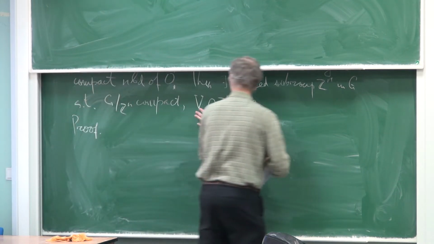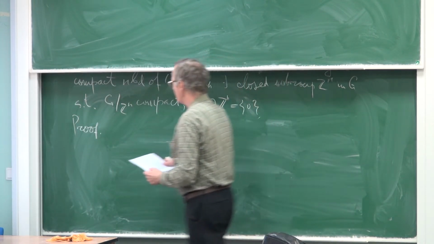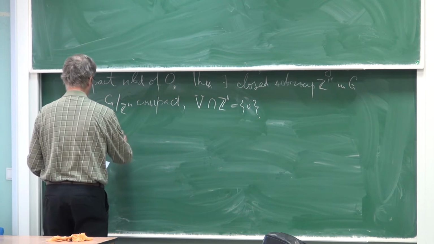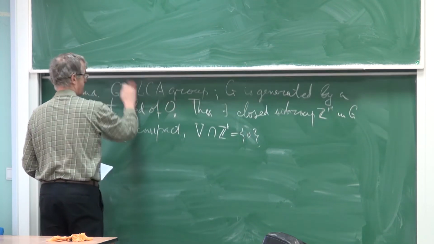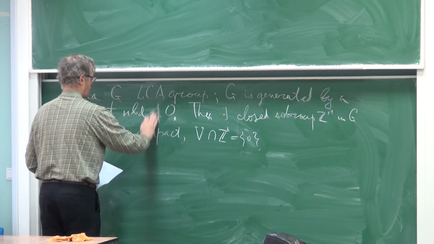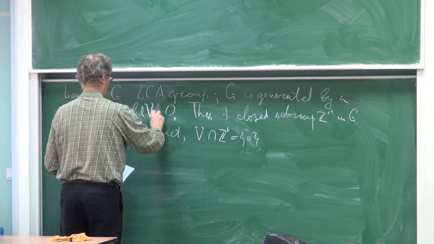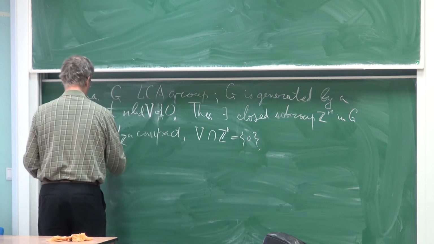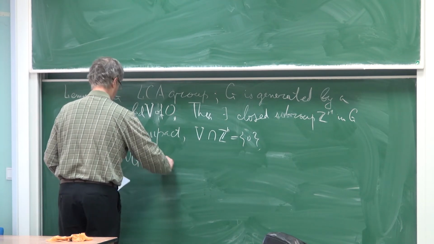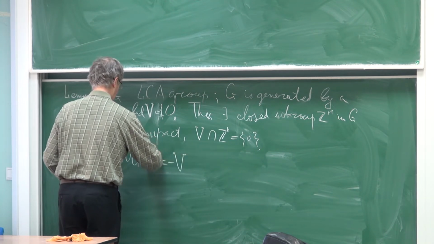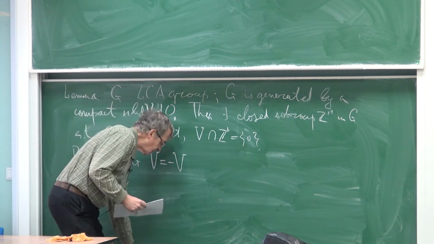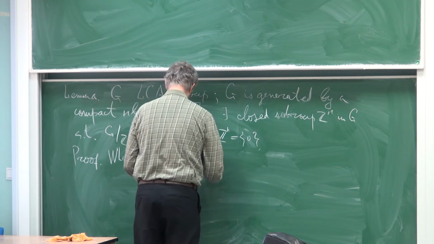I recall that this is about something specific inside our abstract group. We may assume that this neighborhood V is symmetric. So without loss of generality, V is equal to minus V, because simply we can consider the union of V and minus V. And now by induction we define the sets V sub n.